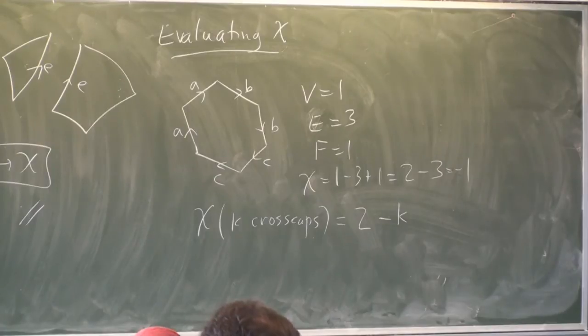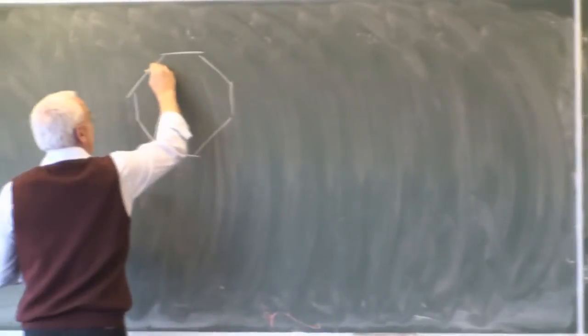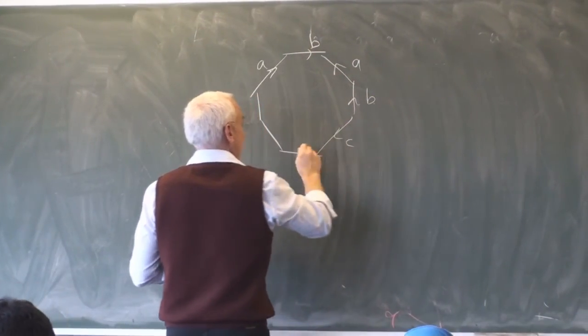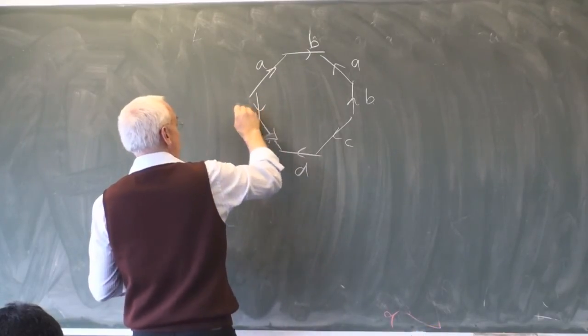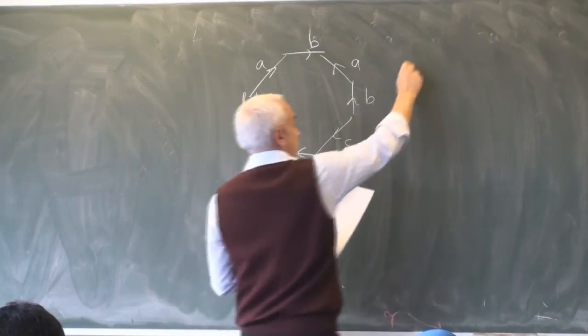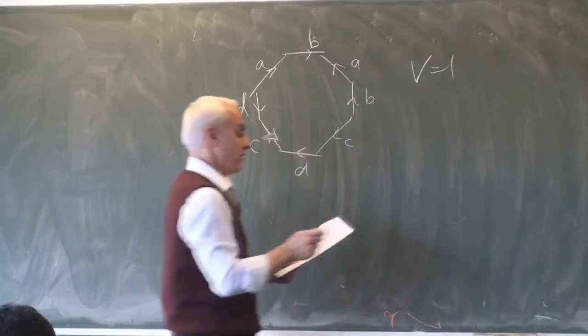And for a surface which is just made of handles, let's do an example. A, B, A inverse, B inverse, C, D, C inverse, D inverse. Well, here the vertices is also 1. It's only one vertex type. It's in standard form.